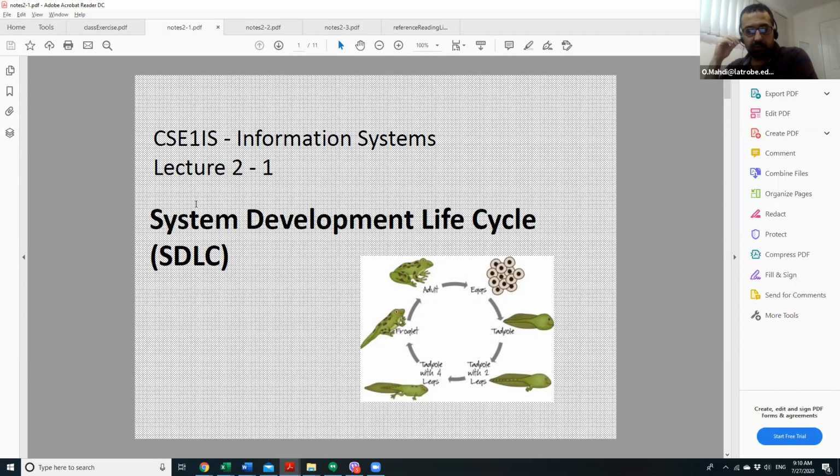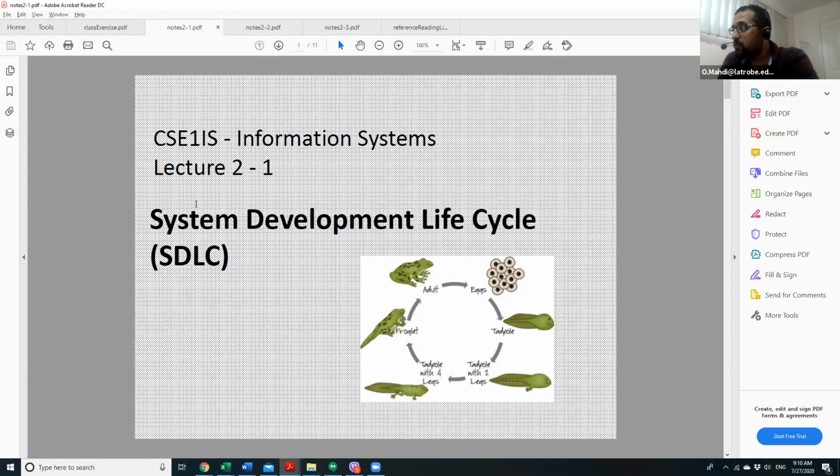So, welcome to week two for this subject, information system. Last week we talked about the information system in general. We talked about the definitions of information system and the components of the information system and so on. So today we go deeply into details, and we will talk about the system development life cycle.